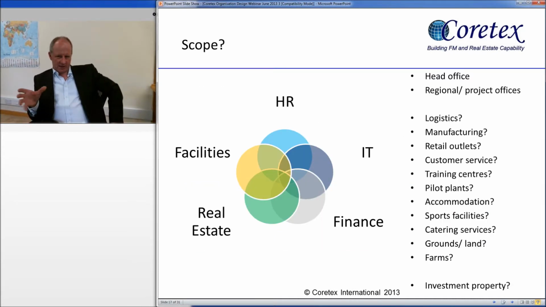Right at the beginning of creating the structure, and I'll give you an example to illuminate this, you need to think about the responsibilities that facilities, real estate, estates actually has. To give an example, we worked together with a major organization that expanded across the world and was producing goods and became a multi-billion company, and it decided to rationalize its facilities and real estate.